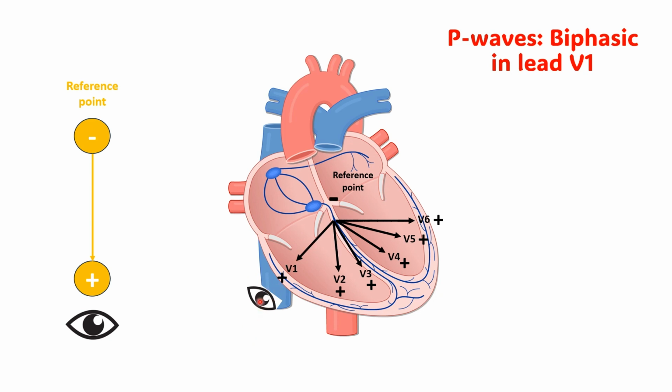Like I've mentioned already, when you have depolarization towards a positive electrode, that's going to produce a positive deflection. So we're going to be looking at V1. Initially we're going to have a positive deflection because of right atrial activation.